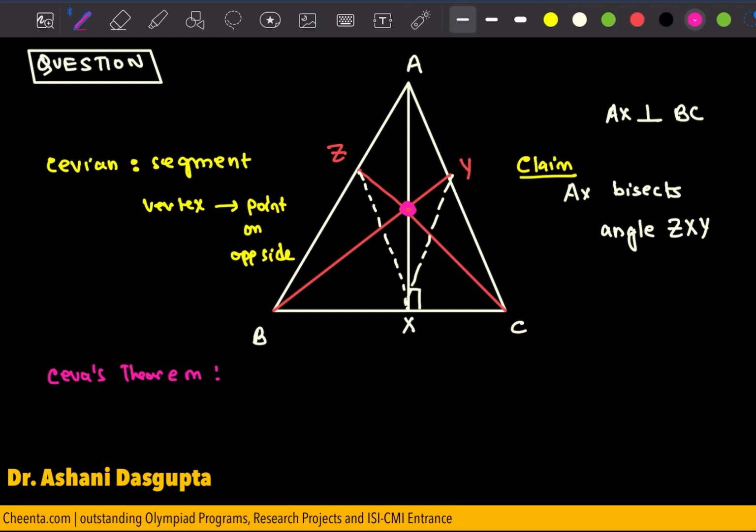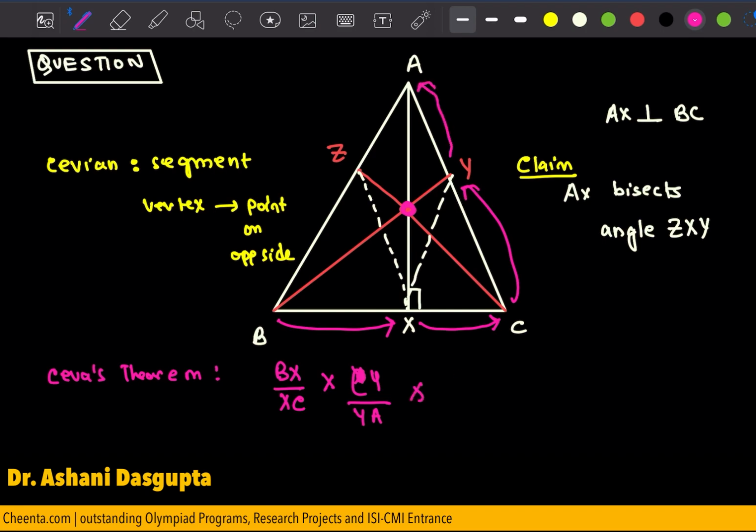then we will have BX over XC times CY over YA times AZ over ZB. You see, I have traveled along the sides of the triangle in a cyclic manner.